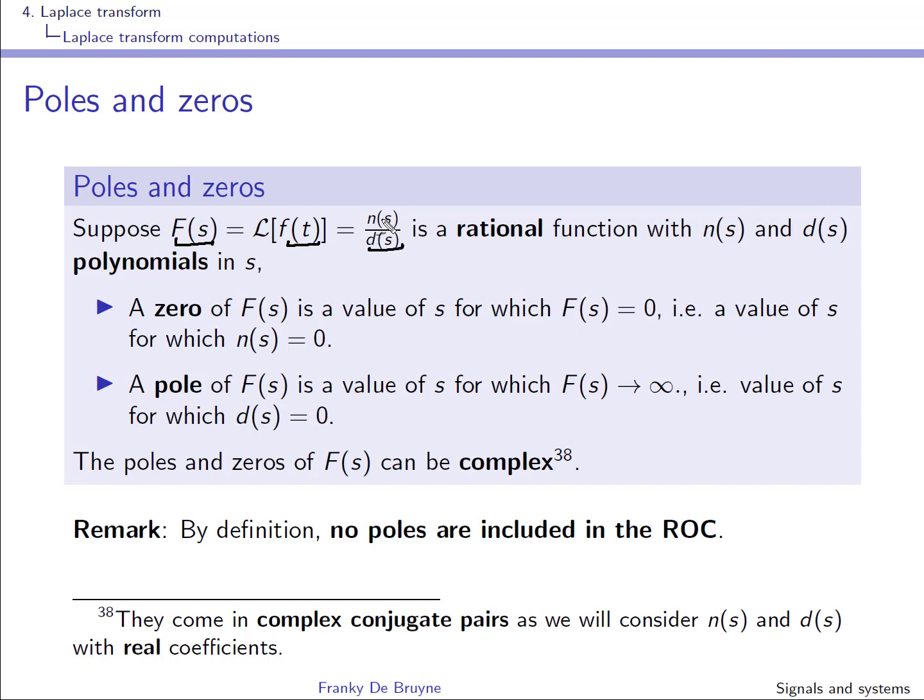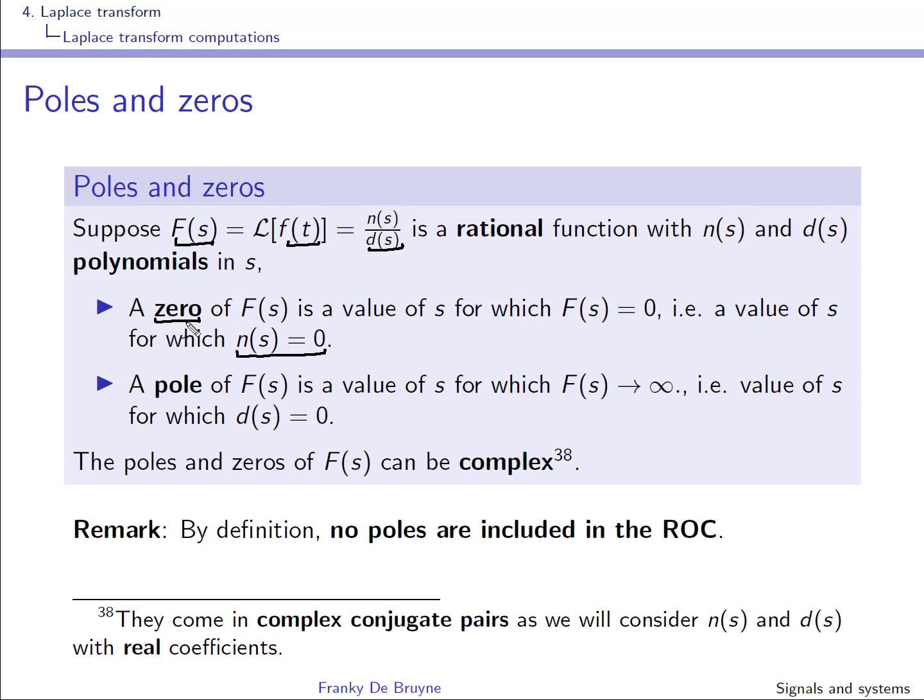So you'll have a numerator polynomial and a denominator polynomial in s. What is called a zero of F of s is a value of s for which F of s is equal to 0. So it's a root of the numerator polynomial. So that's a zero, okay?